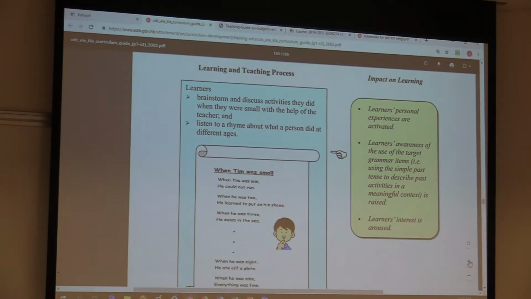I think this lesson also follows the stages of the grammatical class. First is the presentation demonstration stage, and then the problem solving stage, which means at the beginning the teacher asks the kids to say what they did when they were little, and they may make some grammatical errors, like they don't know how to use the past tense, and then the teacher will fix their errors in the problem solving stage.